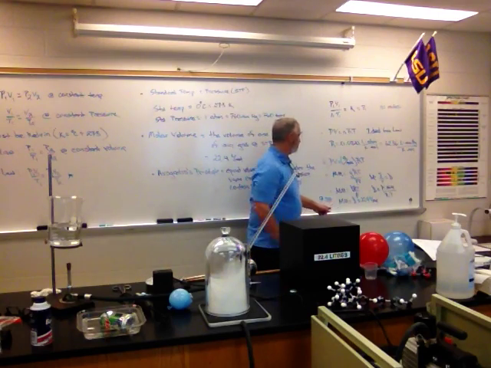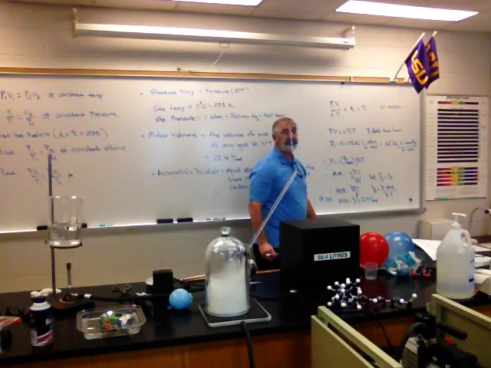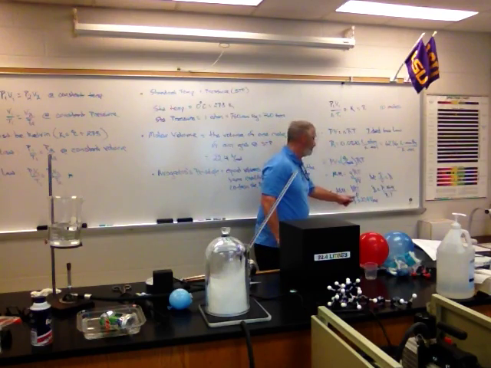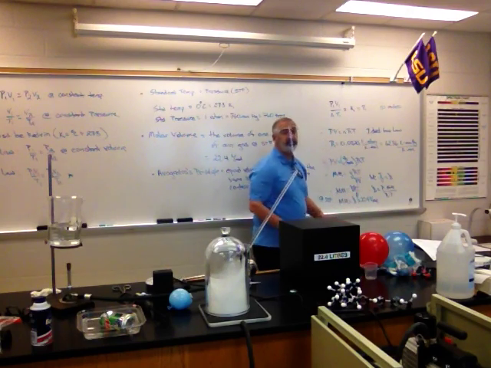This is the one I was going for. If we want to do RT divided by P at STP, that's what equals 22.4. When you take the value of R times the temperature, 273 K, divided by the pressure, 1 atmosphere, you're going to get 22.4. In other words, 0.0821 times 273 is equal to 22.4.